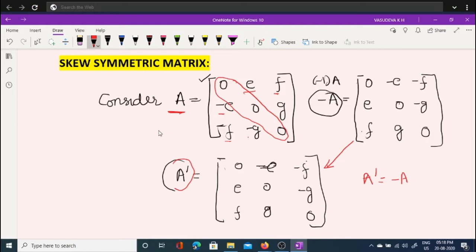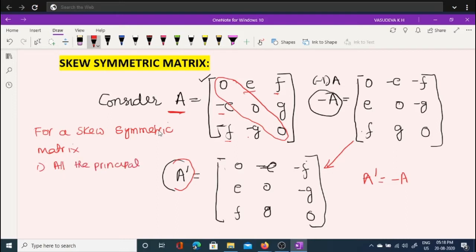So we conclude for a skew-symmetric matrix, first thing, all the principal diagonal elements are 0.